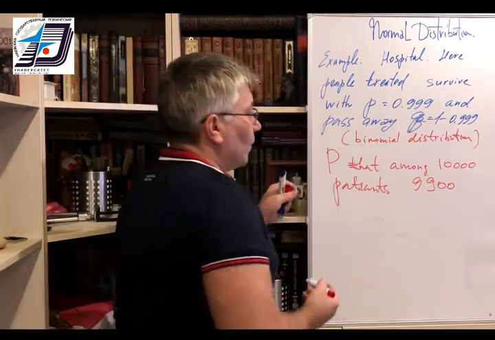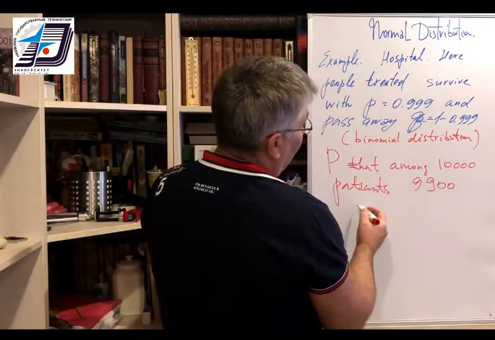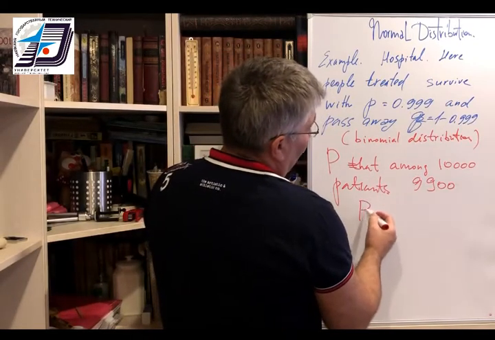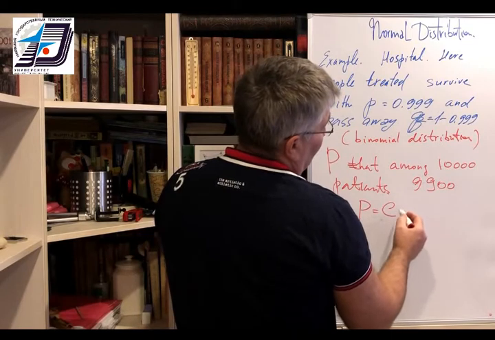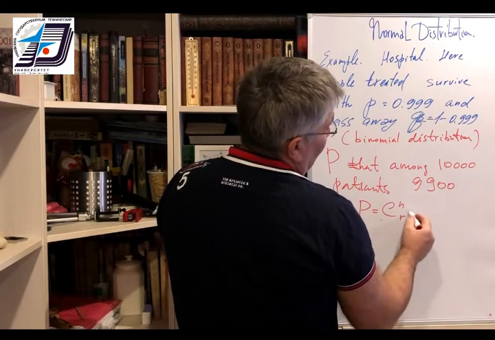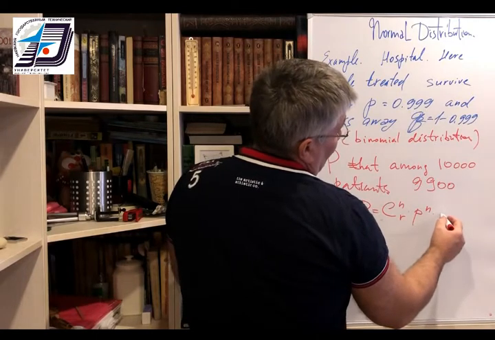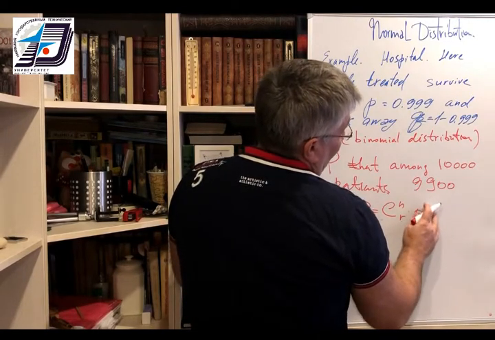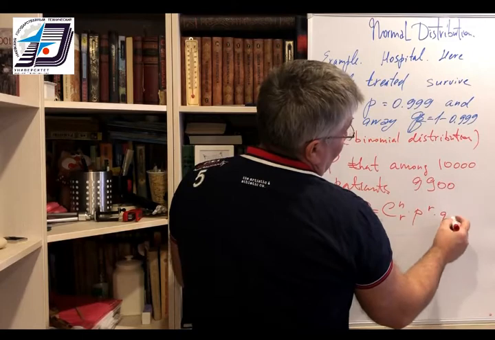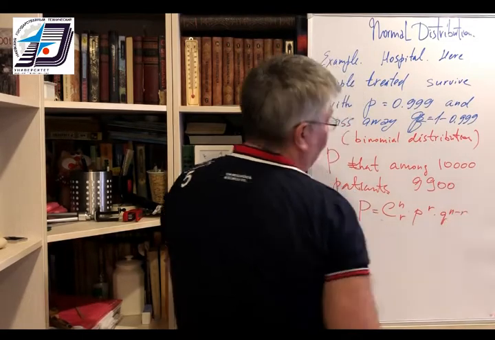I can use the formula for binomial probability, P equals C n choose r times p raised to the power r times q raised to the power n minus r.